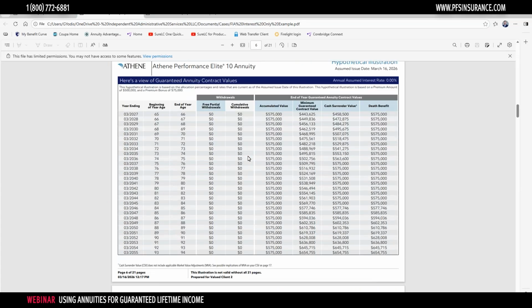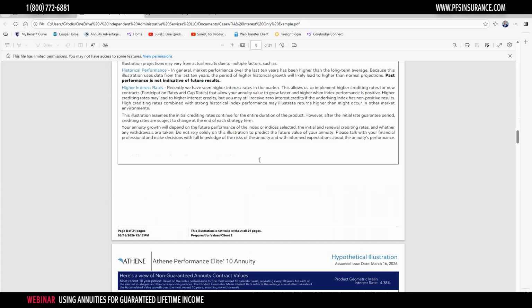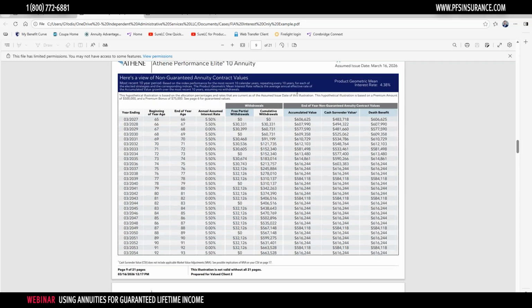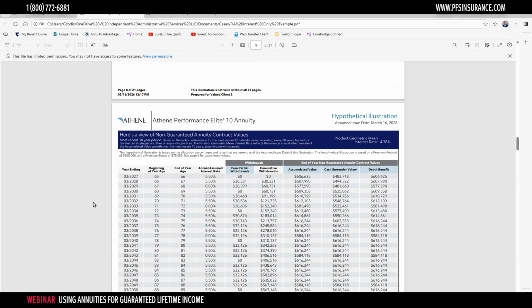So if we scroll down and take a look, what you see here on the non-guaranteed ledger. So, the first year, we're not taking out any kind of income. Age 65, the index did the 5.5% up to the cap. So they credited that. So now his 500,000, and he's getting a bonus here as well.